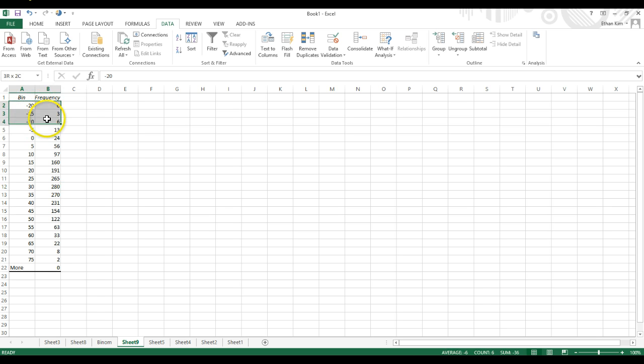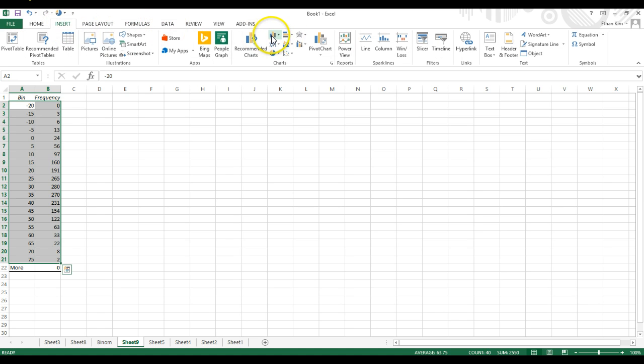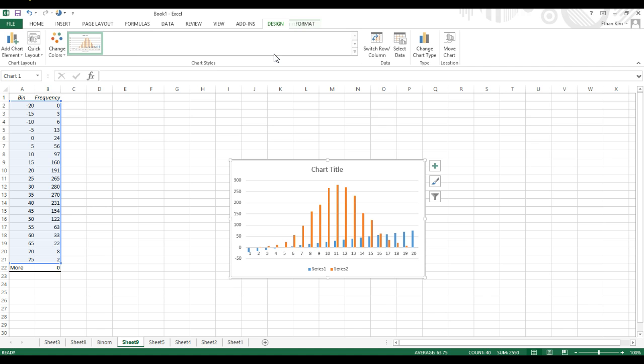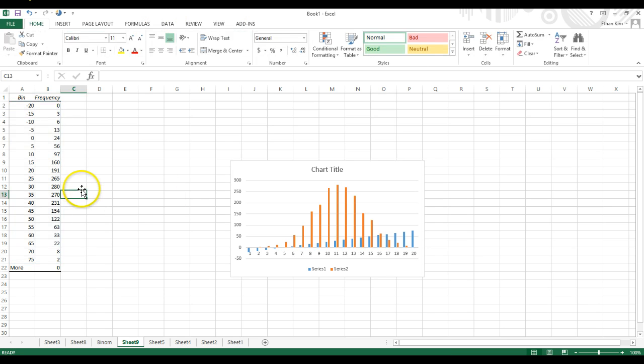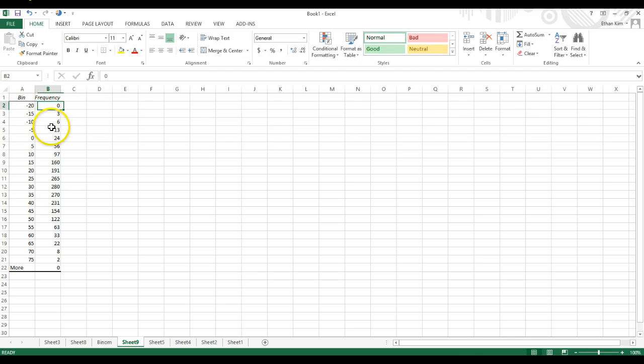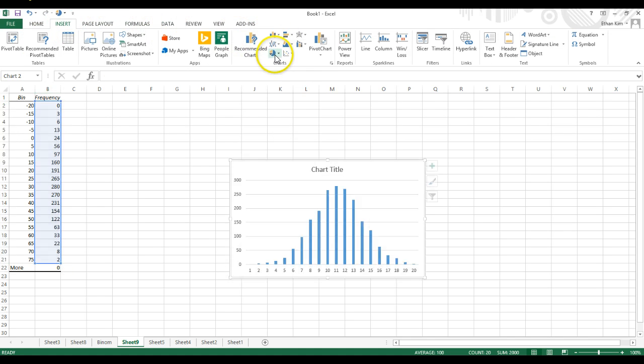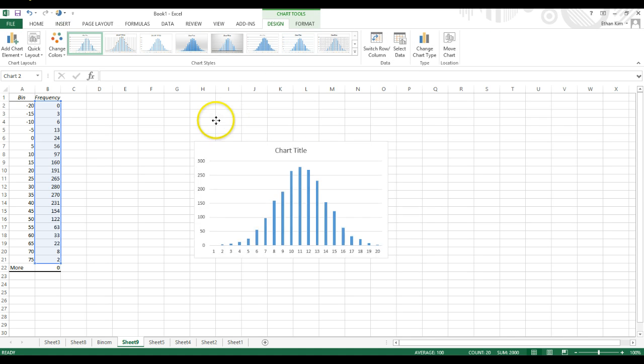So if you drag this and create a histogram. Okay, that's not it. Just select the frequency. I think I made a mistake. So Insert, go to Histogram, and this is the histogram that you see.